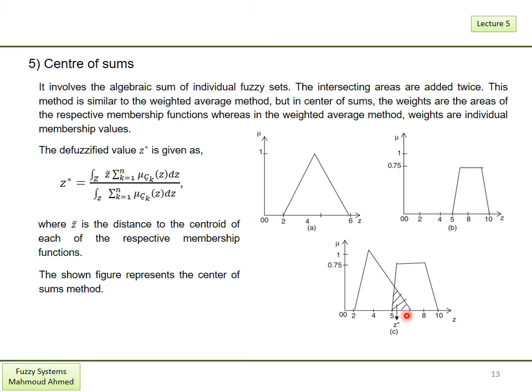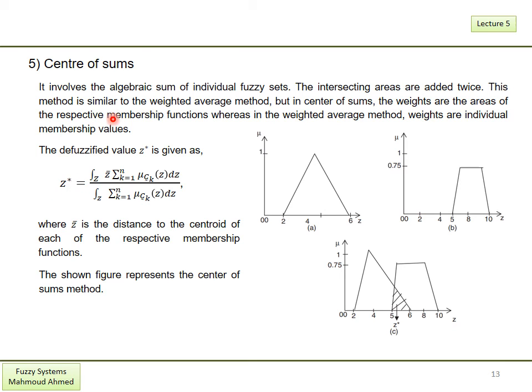One of the interesting things in this method is that we calculate simply all the areas of this membership function. When we take this individual membership function plus this individual membership function, we find that the intersection will be added twice, which is one of the main characteristics of this method for obtaining the defuzzified value z star.